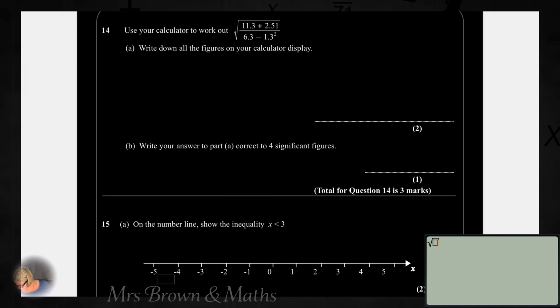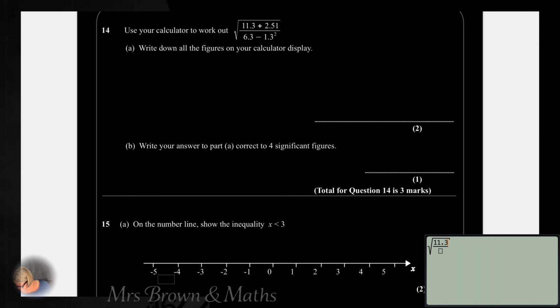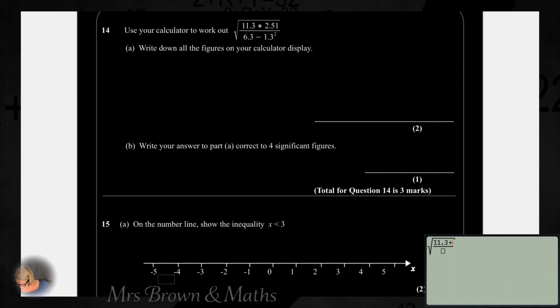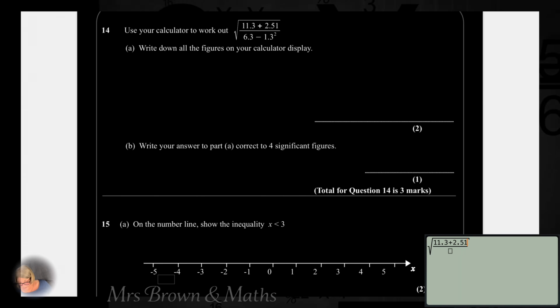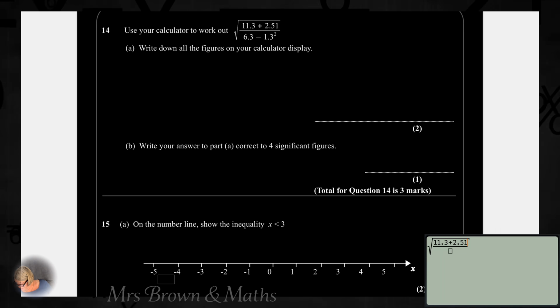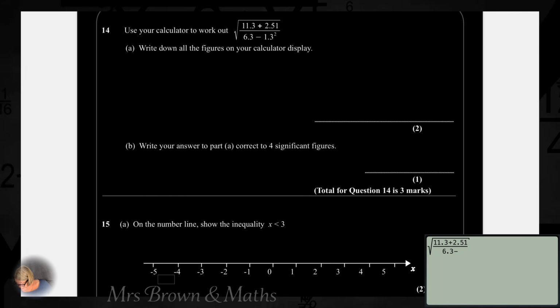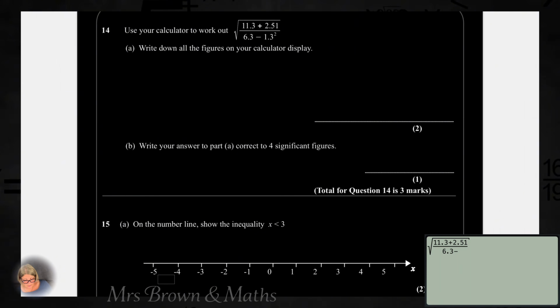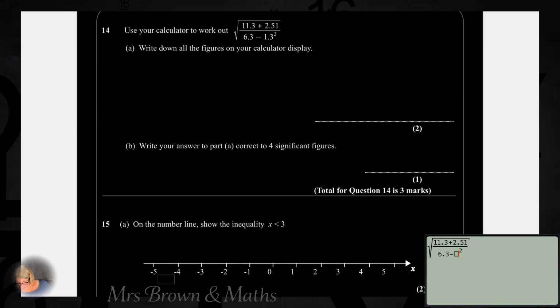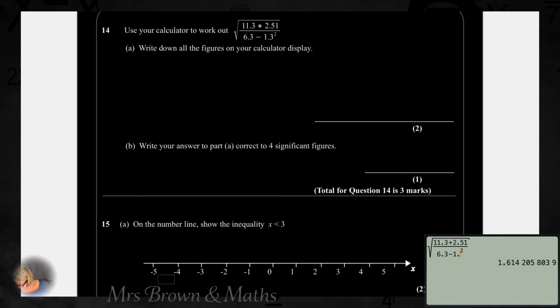So first of all, I put square root, then I click fraction, and then on the top 11.3 plus 2.51, then I go down 6.3 minus squared 1.3.